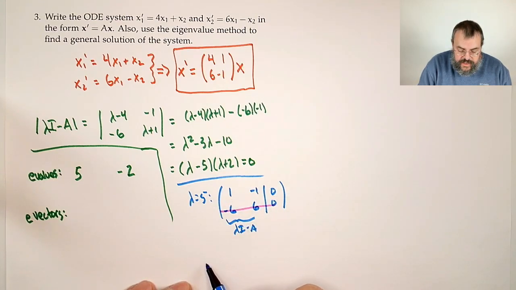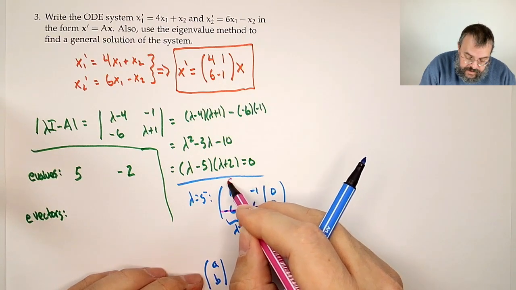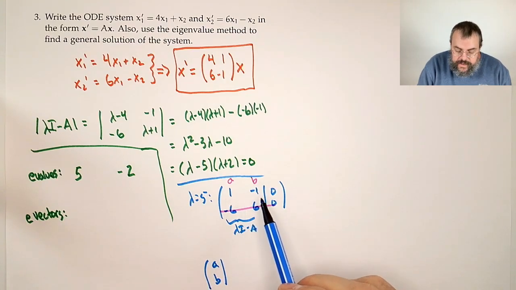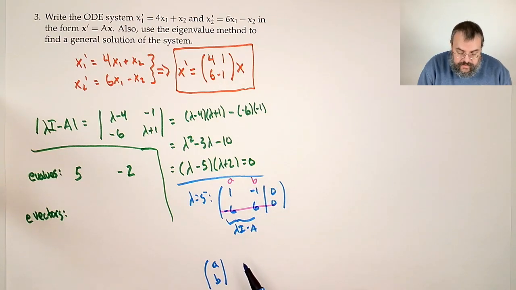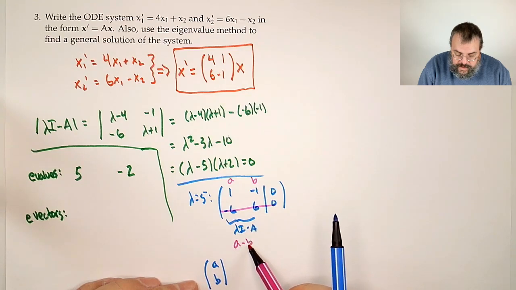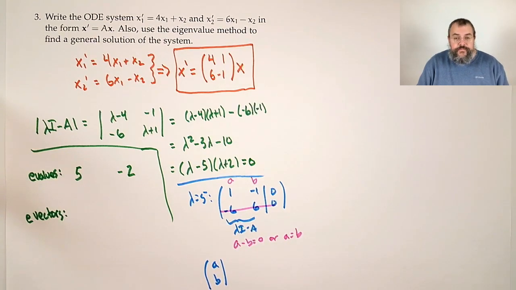In particular, if we're thinking about this in terms of a vector, say (a, b), then the first column is our a column, and the second column is our b column. And what we have is that we need a minus b equals 0. That's the equation that we're seeing here. So a minus b equals 0, or that says a equals b.